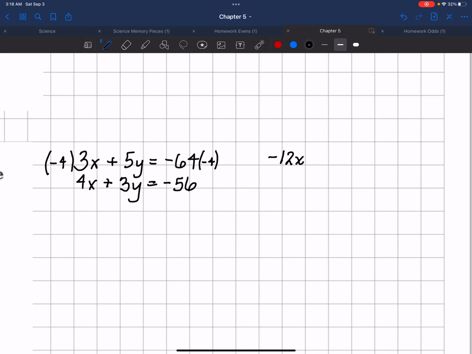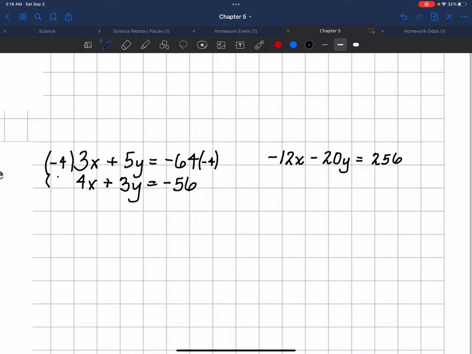Negative 4 times positive 5 is negative 20y. And then I'm not even going to try at 3:30 in the morning. 12 times 20. No, what am I doing? 4 times 64 is 256, and that is positive.